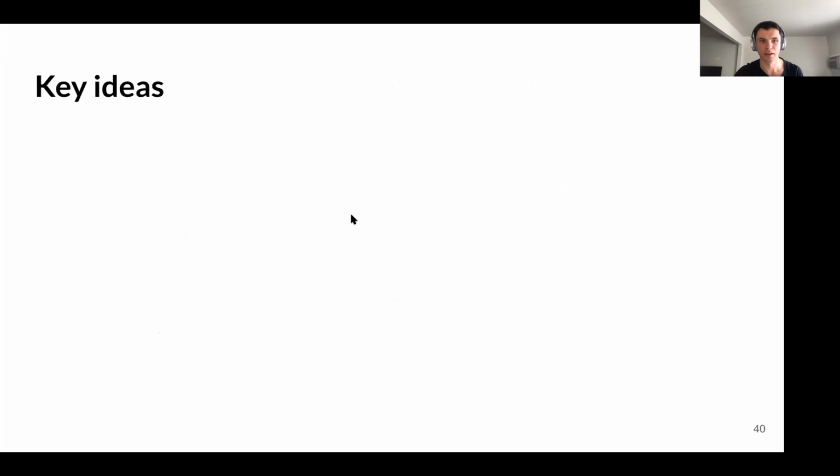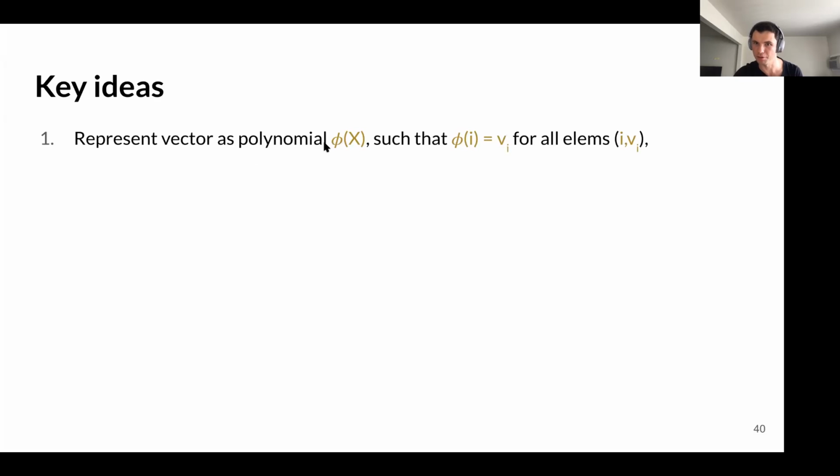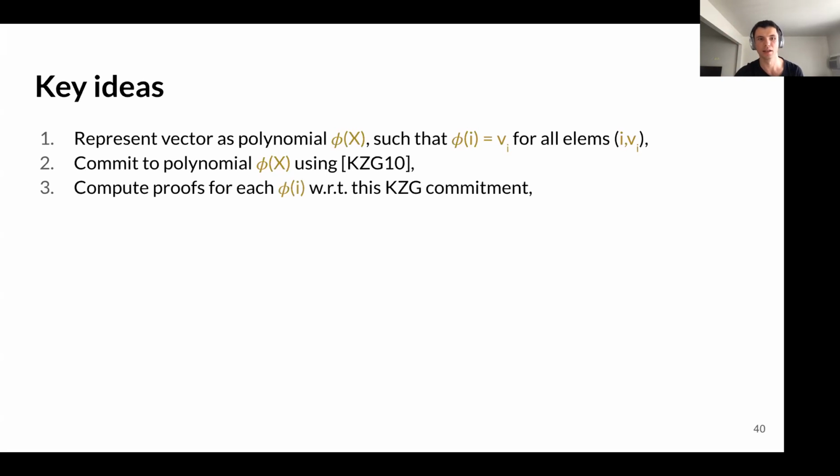And the key ideas behind these 2 constructions are to represent a vector as a polynomial phi, where phi of i is equal to v_i for all positions i in the vector v. And then you can commit to the polynomial using the KZG scheme, which I won't explain how it works, but you get a constant size 32-byte commitment.